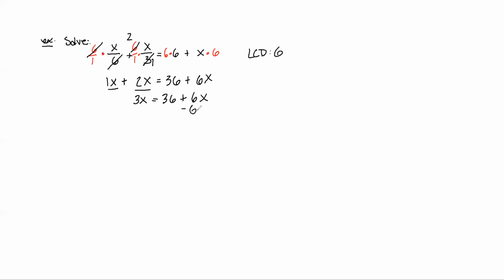So we'll subtract 6x, and we get negative 3x equals 36. And then if we divide both sides by negative 3, we get x equals negative 12. And again, you could check this by plugging it back into the original equation.